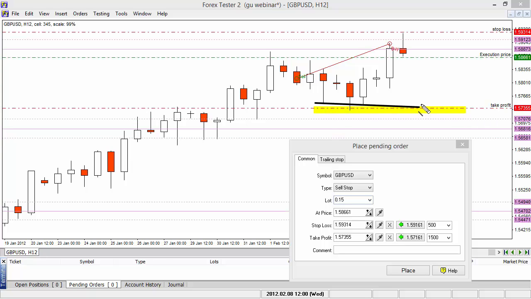I'd prefer my target up here because price has shown that it can reach here much easier than it can get to here. Getting here, it has only done so once since around about this time. It has only reached this point once. So that kind of scares me a little bit. But still, overall, you know, this is a nice setup.